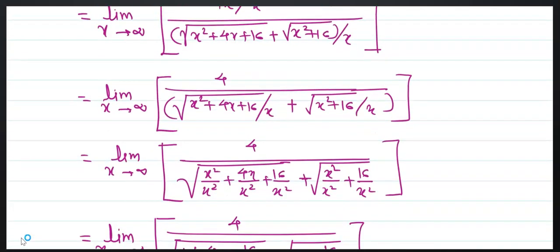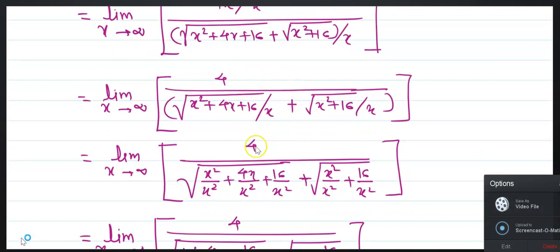That is limit x tends to infinity, 4 upon √. Now, when this x comes inside the square root, it becomes x². Therefore, x² upon x² plus 4x upon x² plus 16 upon x², plus √(x² upon x² plus 16 upon x²).